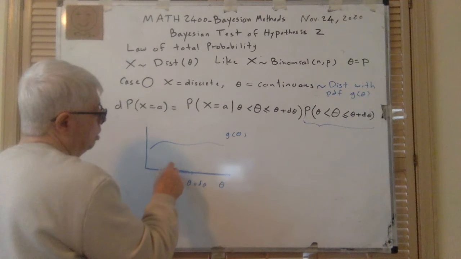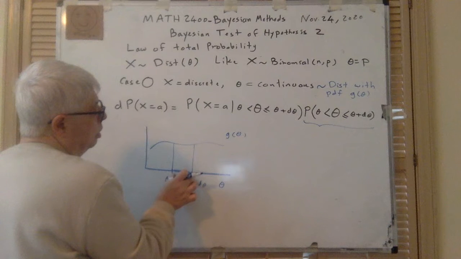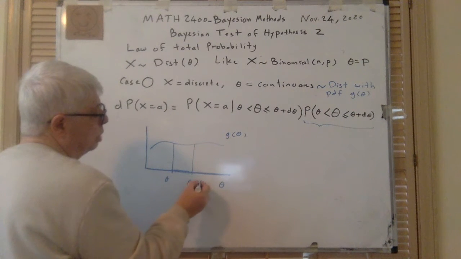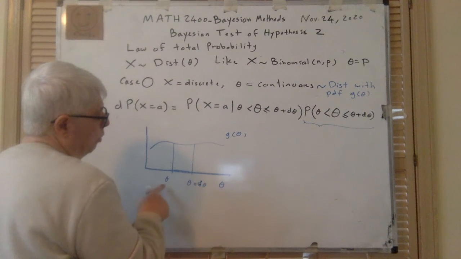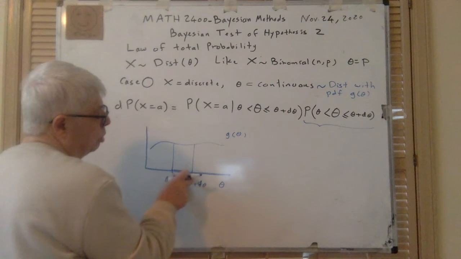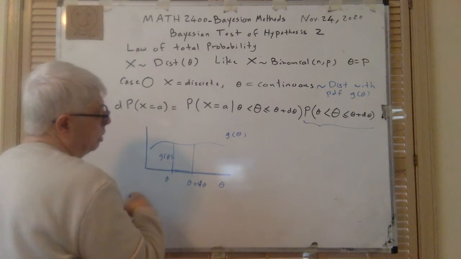So what is it? It is in fact the density of this small portion times its length, which is d theta. Now from theta to theta plus d theta, this density doesn't change. The change in density is small. At this point we have g theta, and it's almost the same thing here.